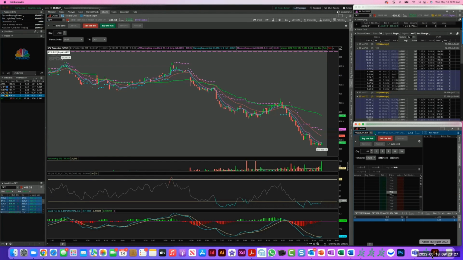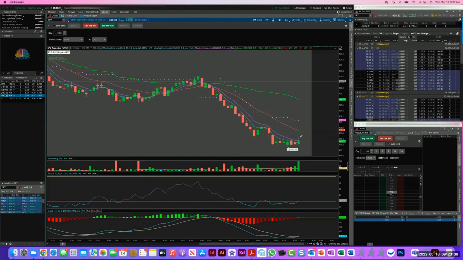Very helpful. Now, if you don't have this, I can share this with you here. So on this screen, I have, of course, the VWAP, which is the green line. And I have the ATR trailing stop, the 5-day, the 8-day, and the 20-day EMAs, the RSI, and the MACD.